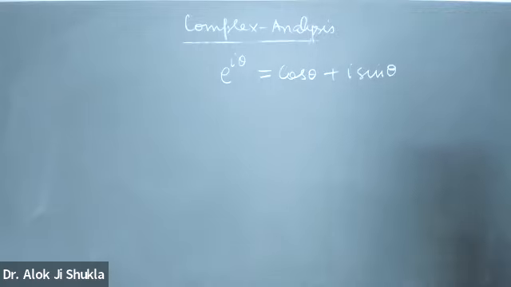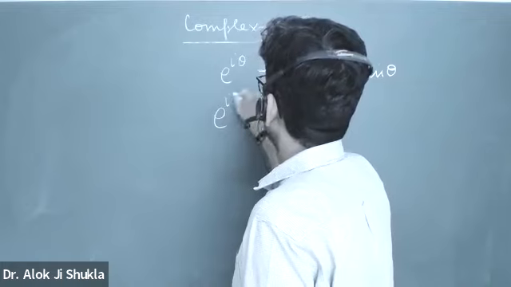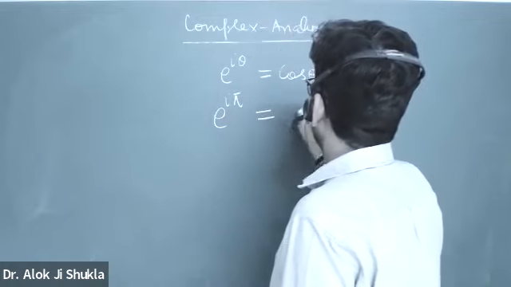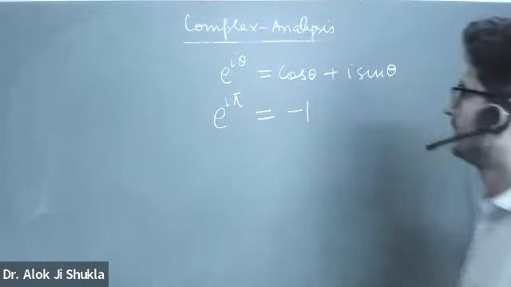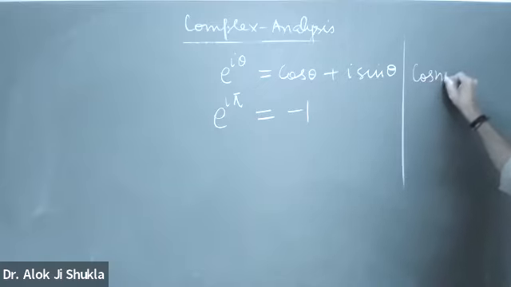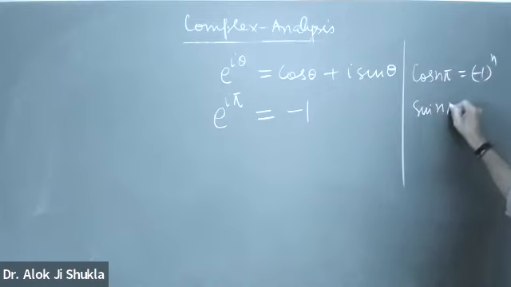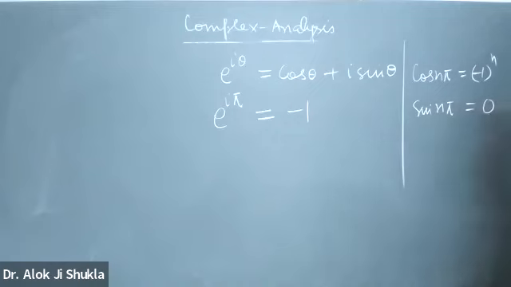Euler's equation. And if I put theta equal to pi, it will be e to the power iota pi is equal to -1. Because you know that cos of n pi is -1 to the power n, and sine of n pi is equal to 0.